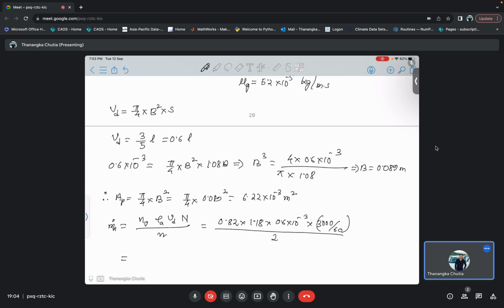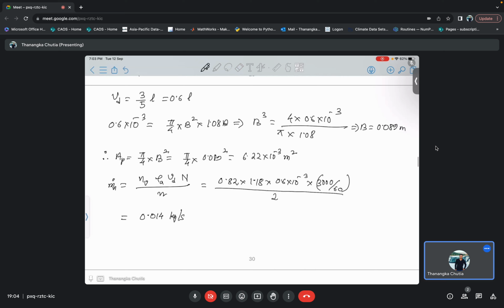So the mass flow rate of air is 0.82 into 1.18 into 0.6 into 10 to the power minus 3 into 3000 divided by 120, which is 0.014 kg per second.